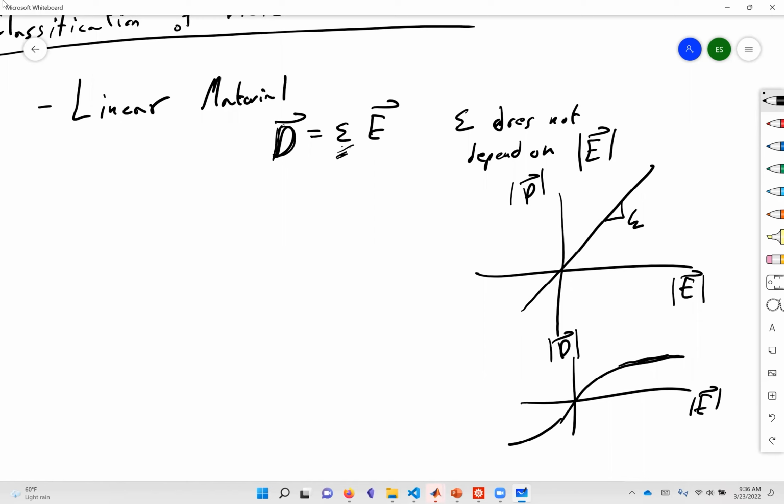No, the more electric field you put in, the more polarization you get. It does not taper off. This is really common. It's common for electric materials to be linear. Magnetic materials, however, when we talk about magnetics, we're going to see are typically not linear. Magnetic materials can saturate. That's why capacitors don't saturate while inductors saturate.